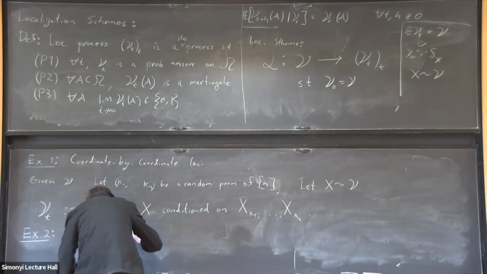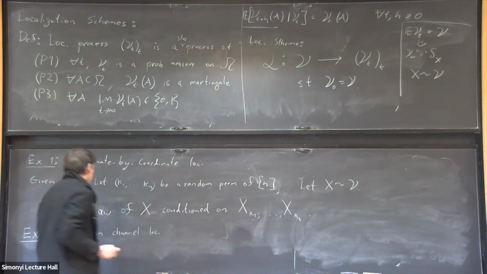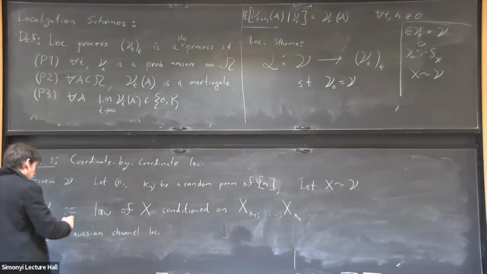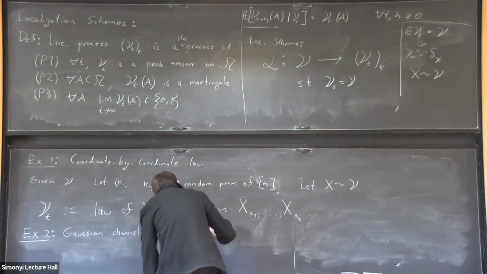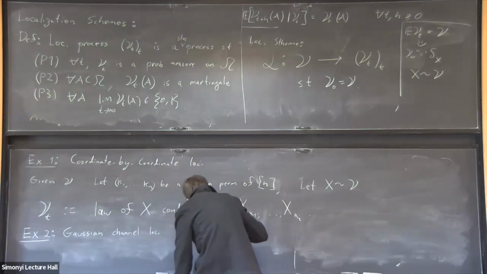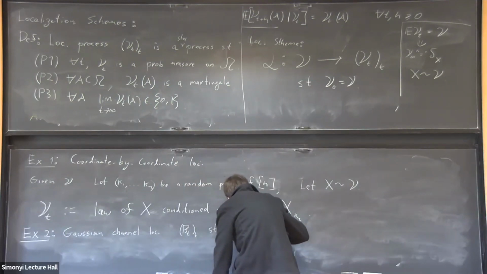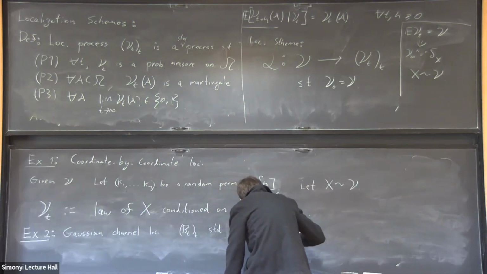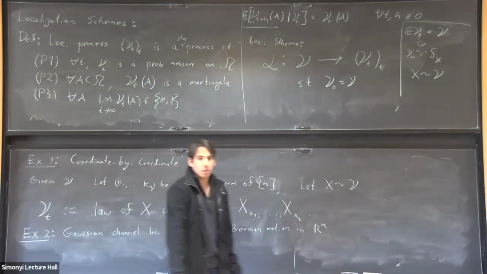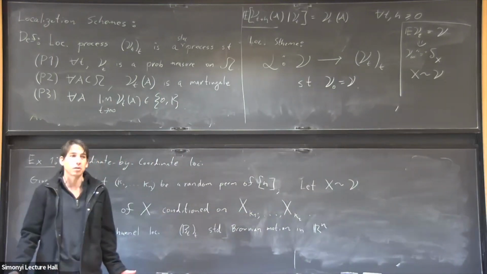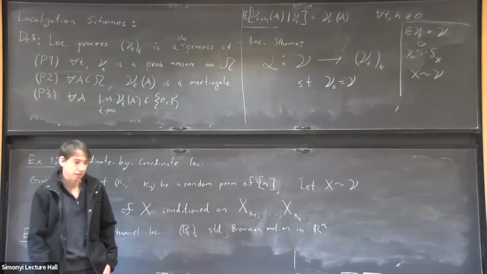The second one is the Gaussian channel localization, which is the following. Take B_t to be a standard Brownian motion in R^m. This is going to work on every measure in R^n, but in particular on measures on the discrete hypercube, which are embedded in R^n.